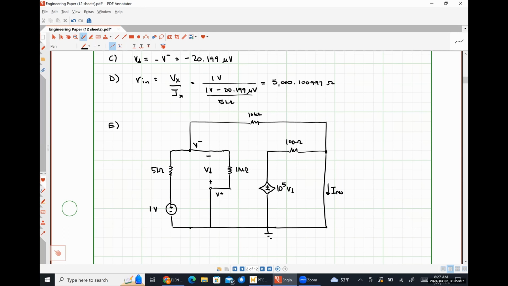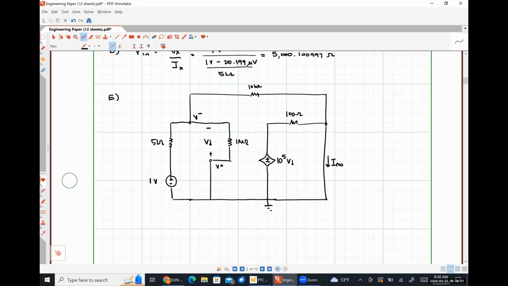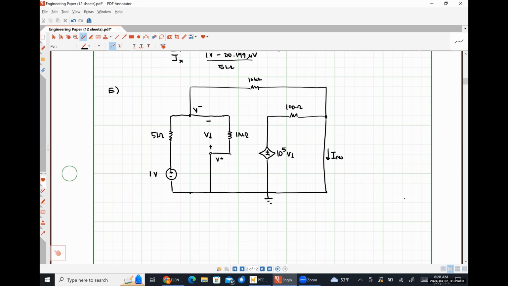All right, so we can find the Norton current in a couple of different ways. Arguably here, we have 3 meshes if we wanted to go about the mesh analysis route, but I am not going to do that.